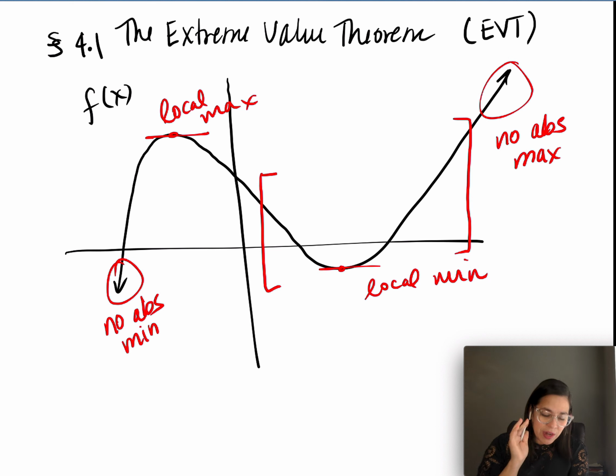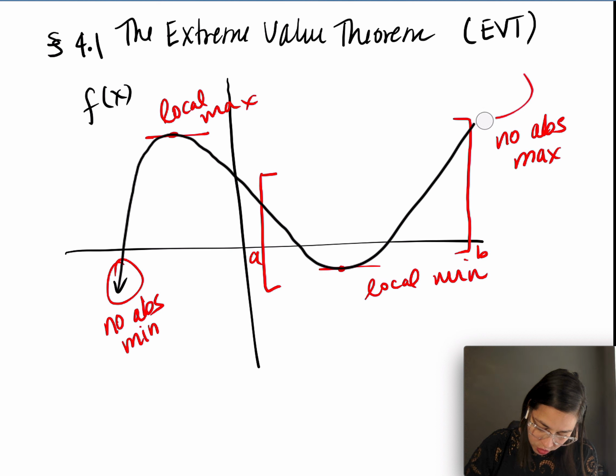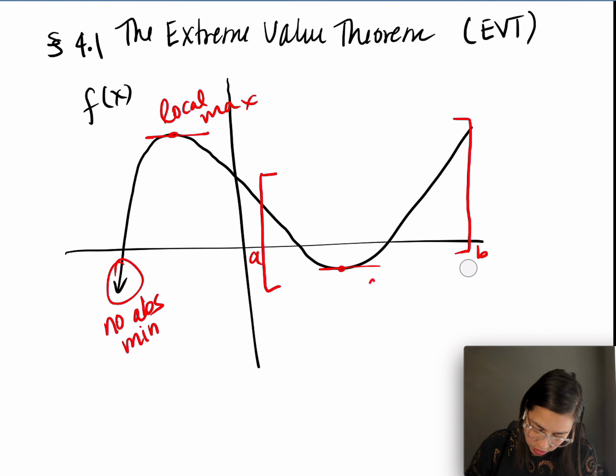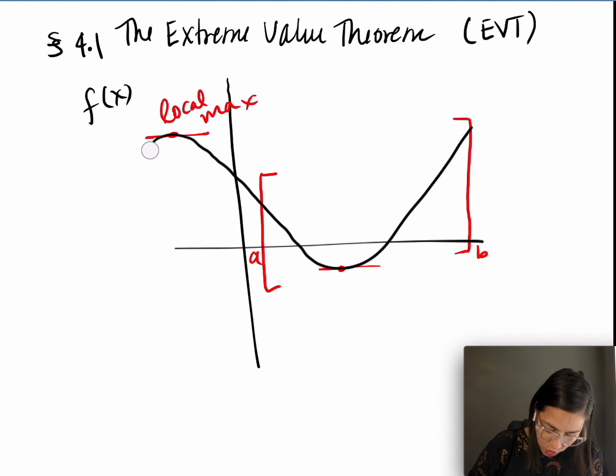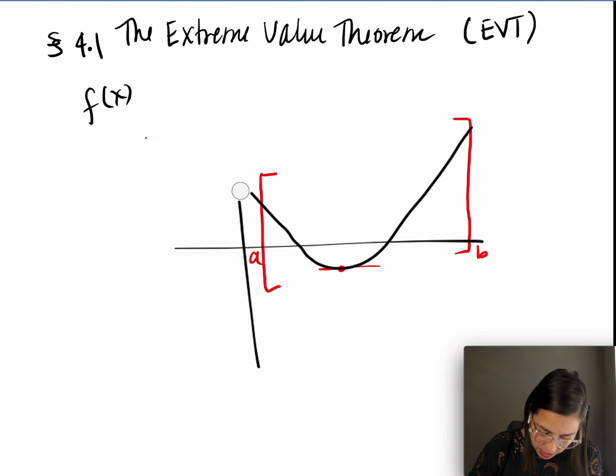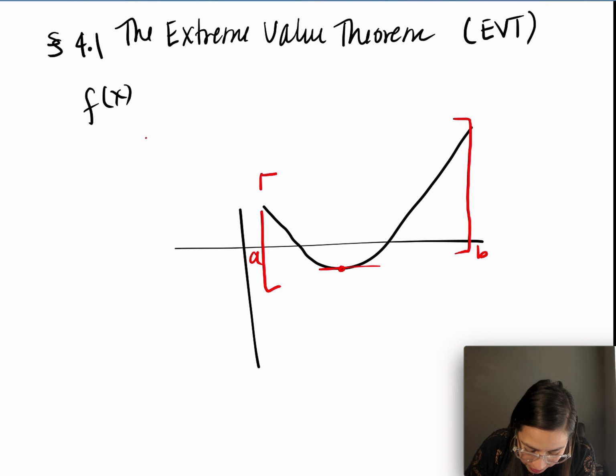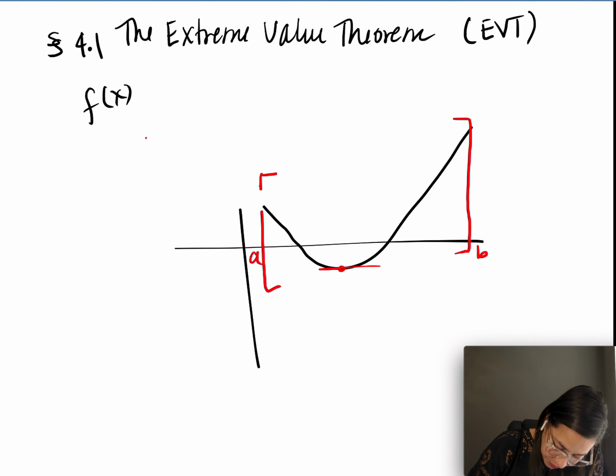So if I only consider the function from A to B, and I ignore everything else, then we get this graph, okay?